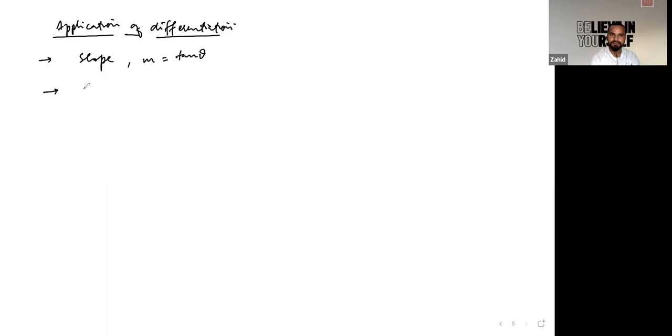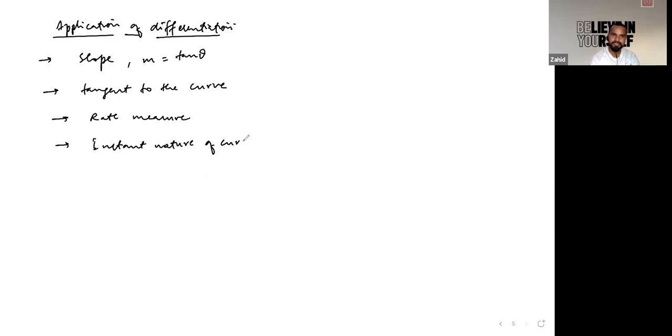Next, it defines the tangent to the curve. Next, it defines rate measure. Next, it defines the instant nature of a curve at any instant. And last, it defines the maxima or minima of a particular function.